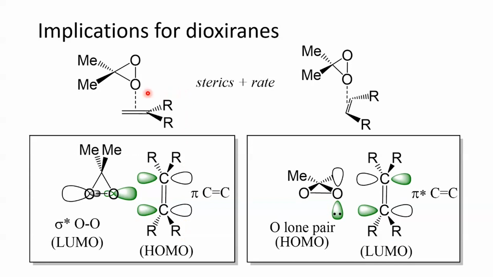So arguably, if the R groups are clustered on the substrate in this fashion, the situation below is going to be favoured, whereas if the R groups are clustered on one side of the substrate, the alternate scenario will be favoured. In both situations, the size of the R groups are going to impact the rate of the reaction, with smaller groups having the reaction go more quickly than larger groups.